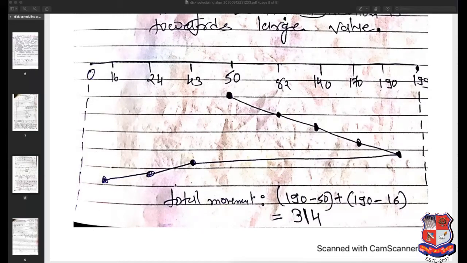Now we find the total movement based on the LOOK disk scheduling algorithm.